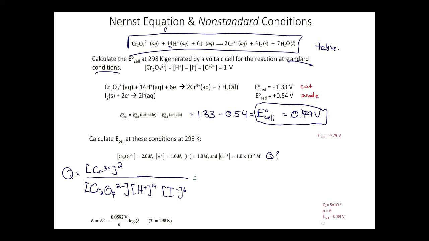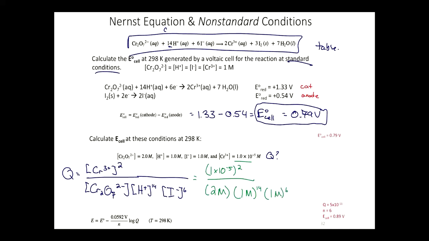So I'm going to go ahead and place those numbers in. There's the chromium concentration, 1 times 10 to the negative 5, but it is squared. Do not forget that square. Dichromate concentration, 2 molarity, not squared. H+ concentration is 1, thank goodness, because it's to the 14th power. And the I- concentration is also 1, so 1 molarity to the 6th power.